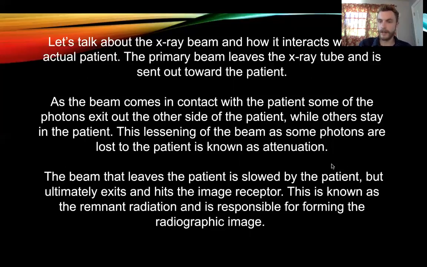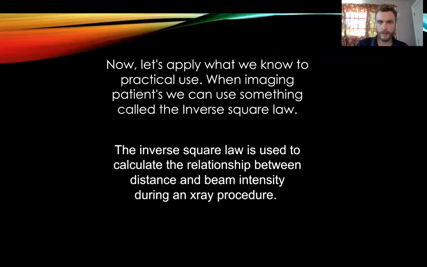So if it has a lot, it can go all the way through the patient. And if it has less, more of it will get stuck inside the patient, just like the car in the drywall. So the beam that leaves the patient is slowed by the patient, ultimately exits and hits the image receptor. This is what's known as remnant radiation, and it's ultimately responsible for actually creating the radiographic image.